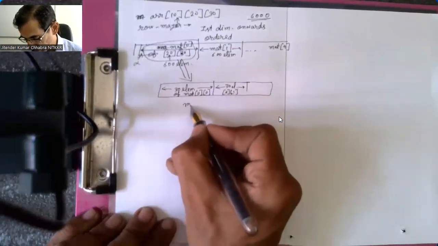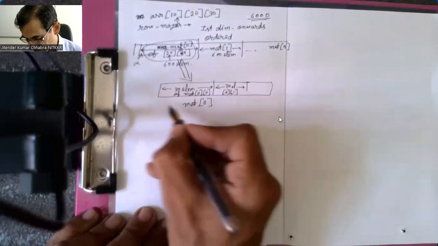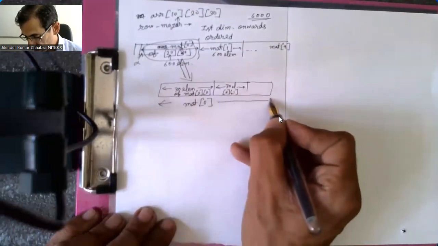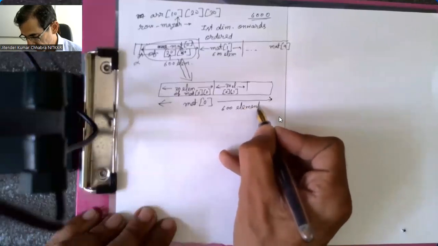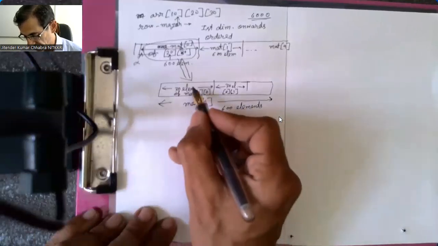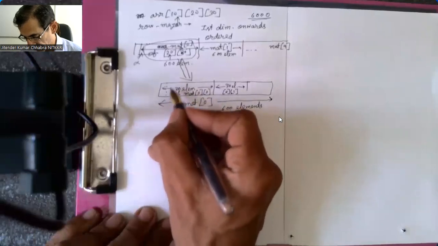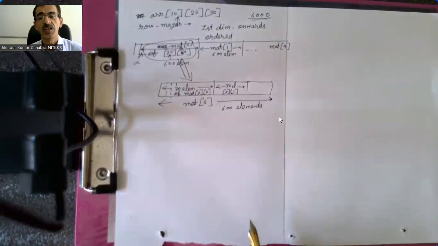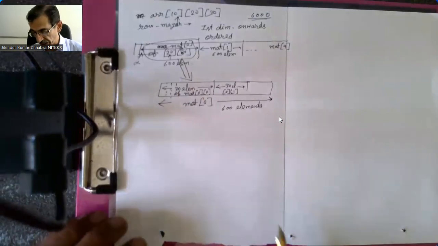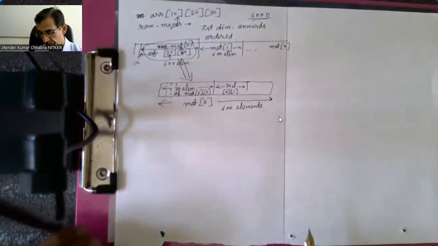So this becomes the overall storage for mat 0, 600 elements. And within that, again, 30 elements means they will have boundaries of 0 to 29. So my storage is now well defined and the same concept is to be applied again.